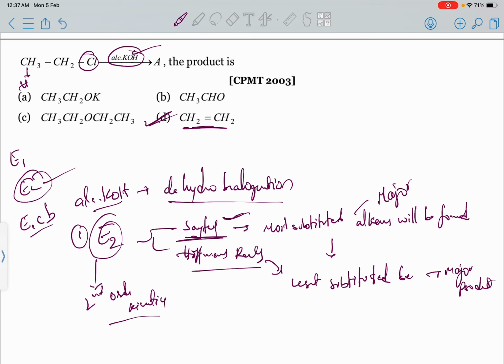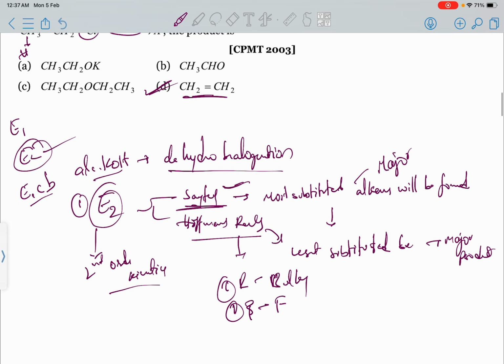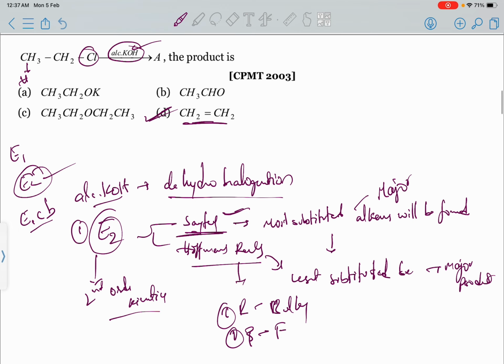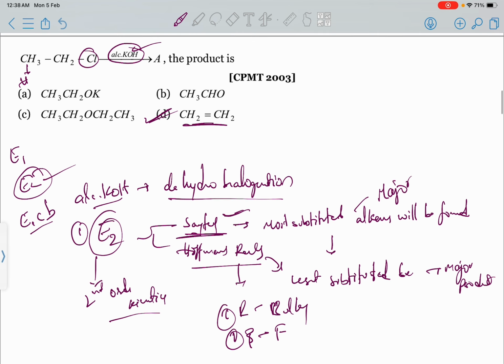We do have certain conditions, like the reagent must be bulky, and in the beta position we must have fluorine and all. We have a few particular rules that will be discussed further. These are the main basics that we must know regarding Hoffman's rules.